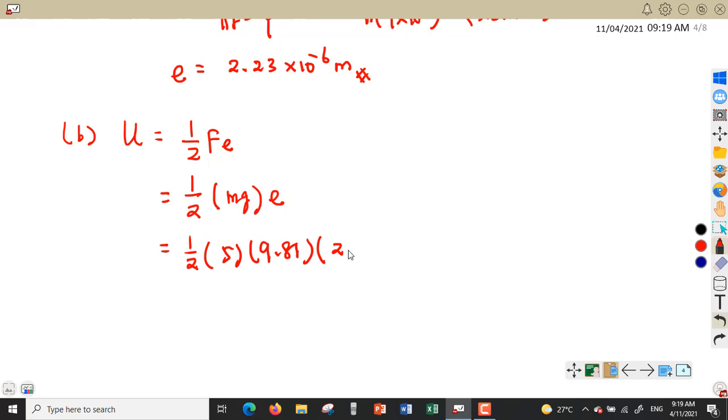The contraction is 2.23 to the power of negative 6. So pause the video to do your calculations. 3, 2, 1. So we get the strain energy U will be 5.47 to the power of negative 5 joule. The unit will be joule. Okay, then we have solved question B.